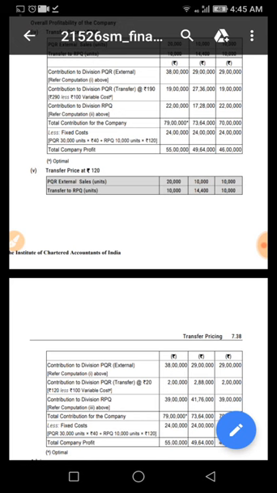So 120 minus 100, the variable cost will be the same only, right? 120 minus 100, so that 20 rupees into 10,000, 20 rupees into 14,400, 20 rupees into 10,000. That's what they have done here.